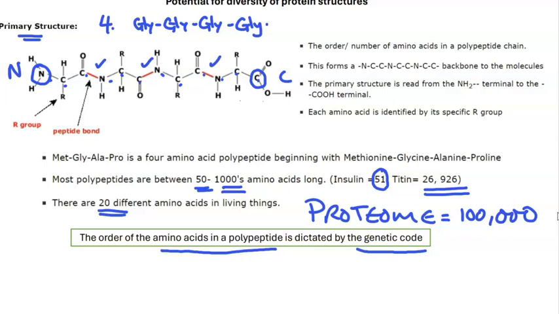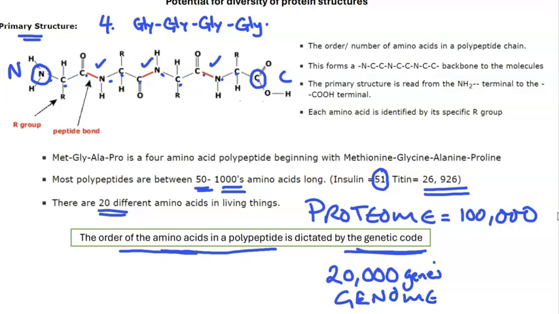Now there's something of a paradox here, because the order of the amino acids is dictated by the genetic code, and yet the genetic code has current estimates at 20,000 genes. So of course this is our genome.